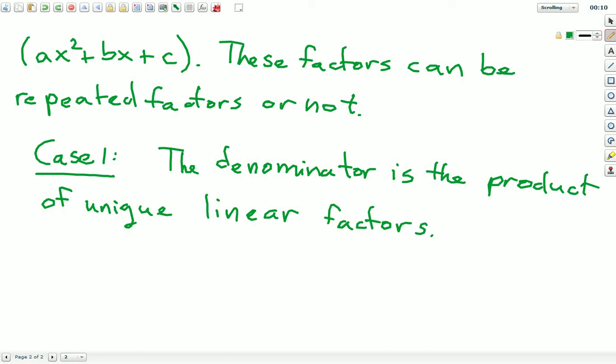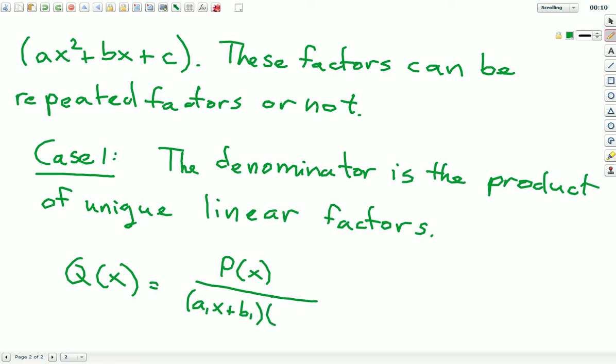Okay, so in this case we start out with some rational function q of x that can be written as some p of x over a product of unique linear factors, so a1x plus b1 times a2x plus b2.